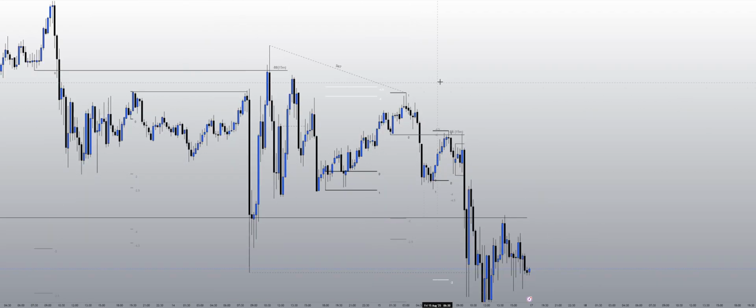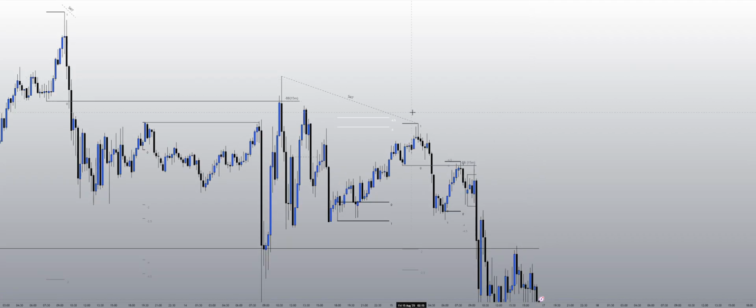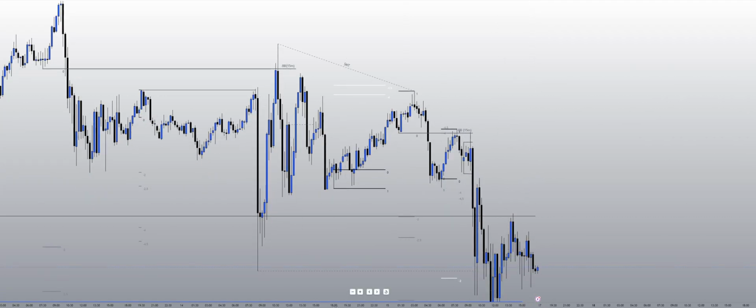So 0 for 2 at that point in time, and I did take a third trade. We did have previous daily low SMT, then we also had data low SMT here. For me, these two things are very important. When I'm looking to trade, I trade this pattern very often, but this doesn't fit my criteria.